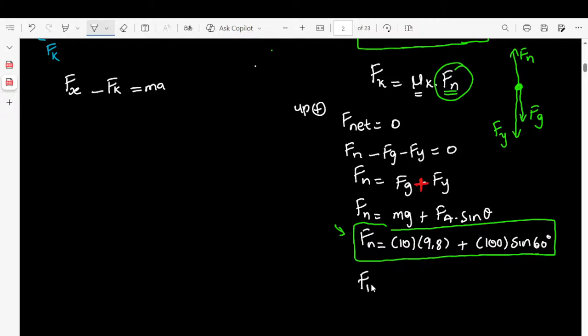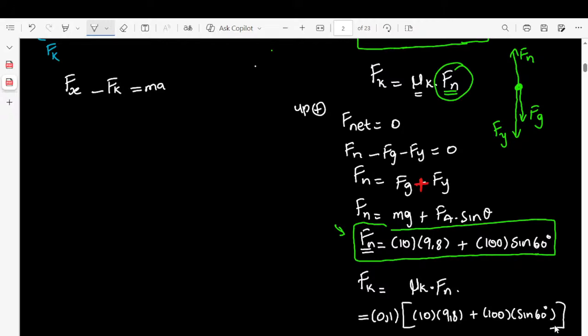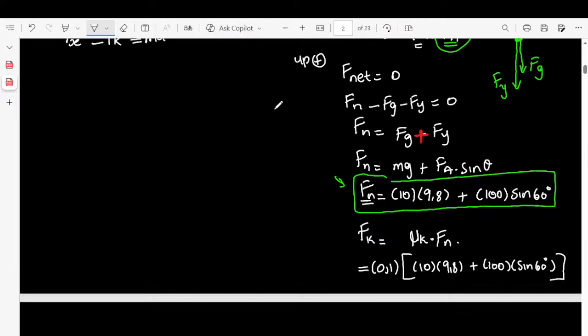Remember, Fk is equal to the coefficient of kinetic friction multiplied by the normal force. So this will be equal to, the coefficient is 0.1, times the normal force, which is everything here: 10 into 9.8 plus 100 sine of 60 degrees. You just have to punch this correctly on your calculator, then you'll see what your Fk equals.